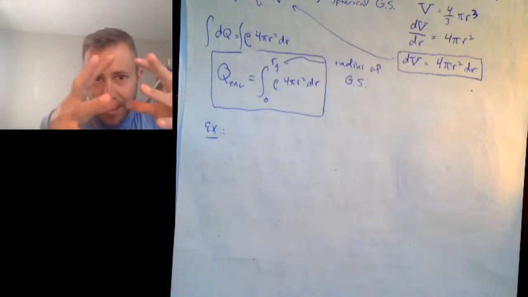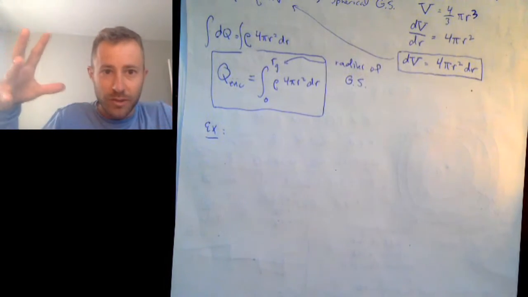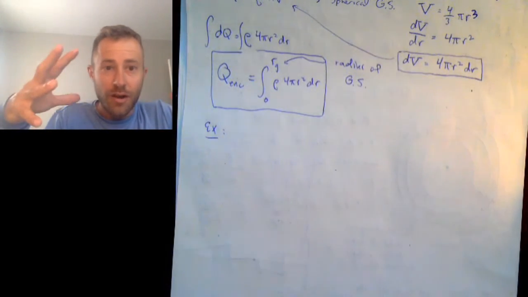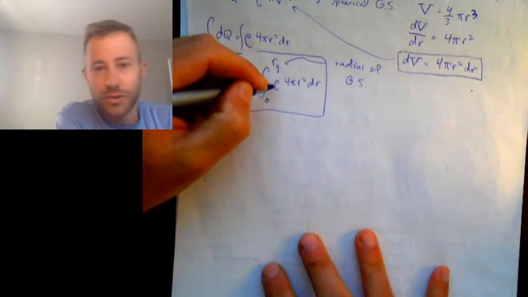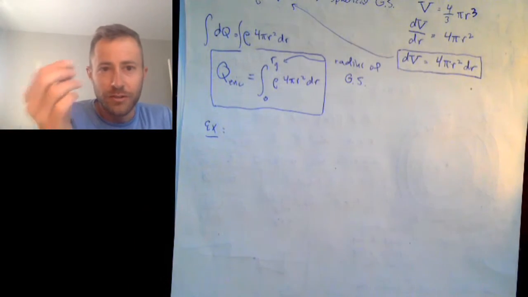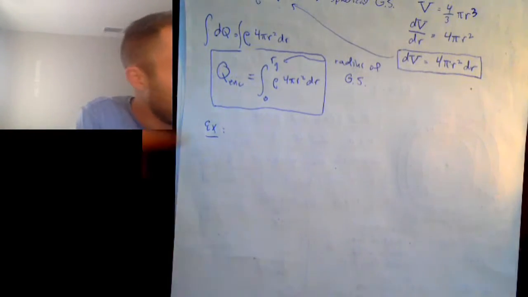So inside an atom, the electric field changes with distance from the center of the atom according to Gauss's law, where this is the charge density caused by the electron cloud, because the electron isn't just in one place, it's spread out, it's in a cloud now.